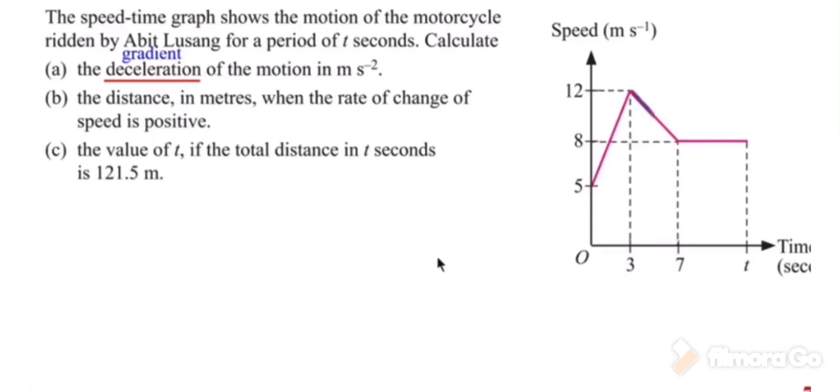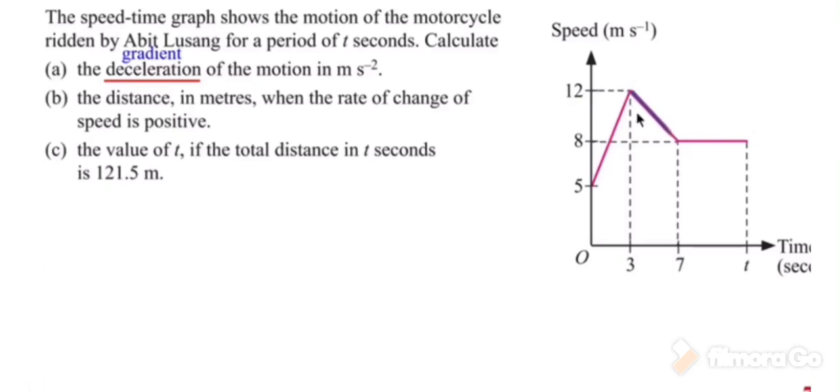The line highlighted in blue color is called deceleration. If going up is acceleration, then going down is deceleration. So we are going to find the gradient for this part of the line.